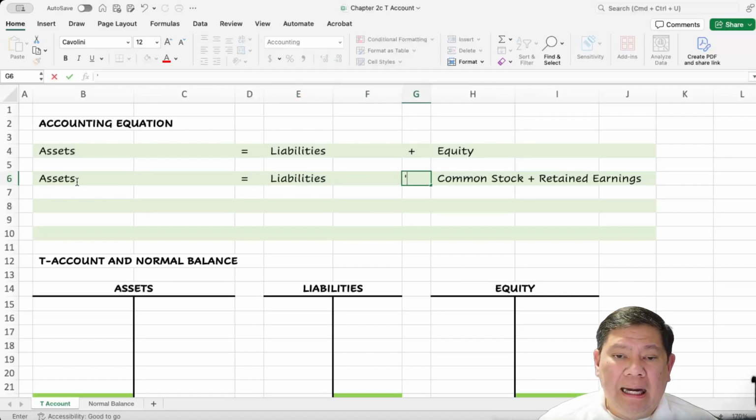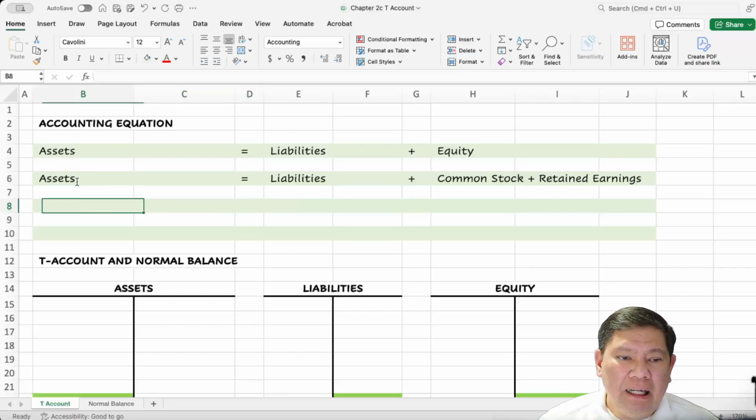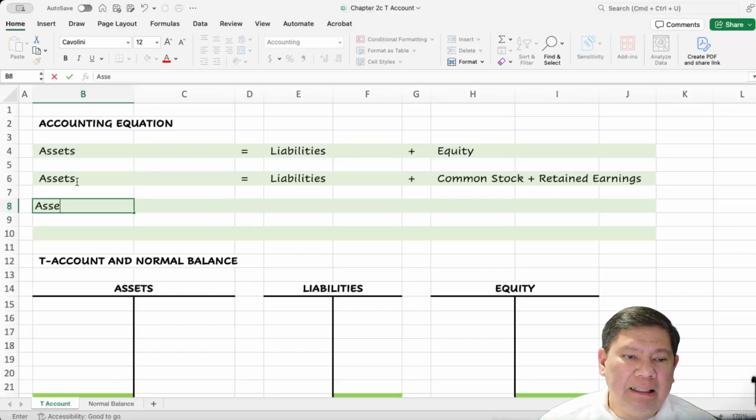Okay, and expenses are going to reduce net income, so expenses are going to reduce retained earnings. Also, dividends reduce the amount of net income that we can put back into the company, so dividends will reduce the retained earnings.